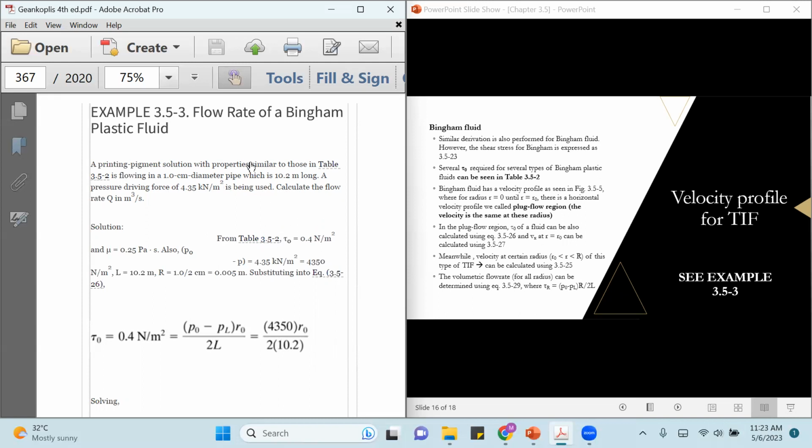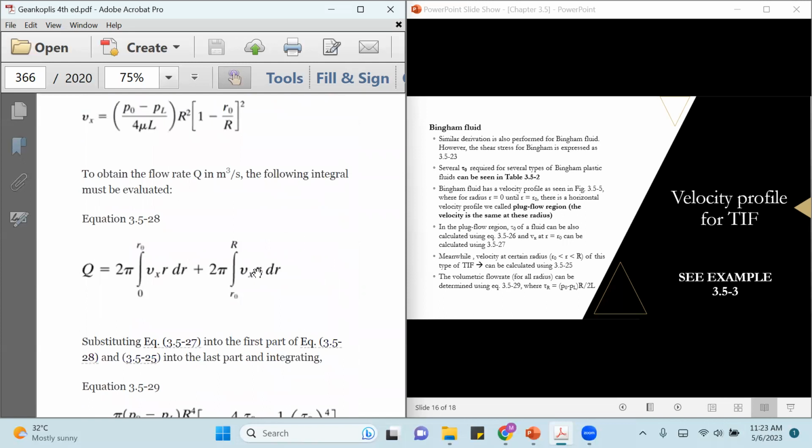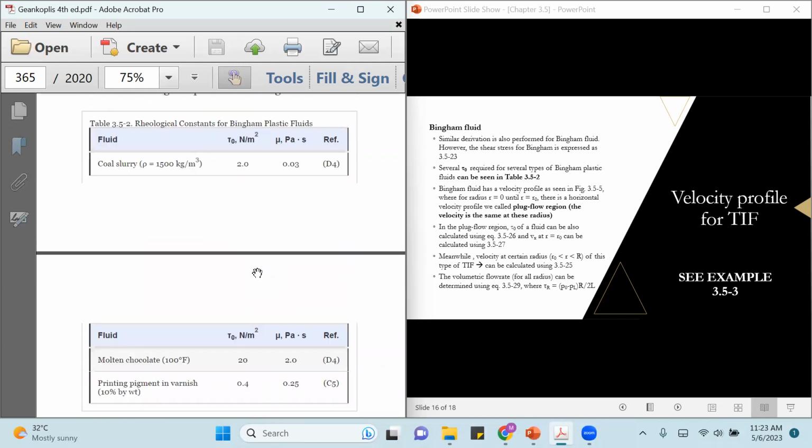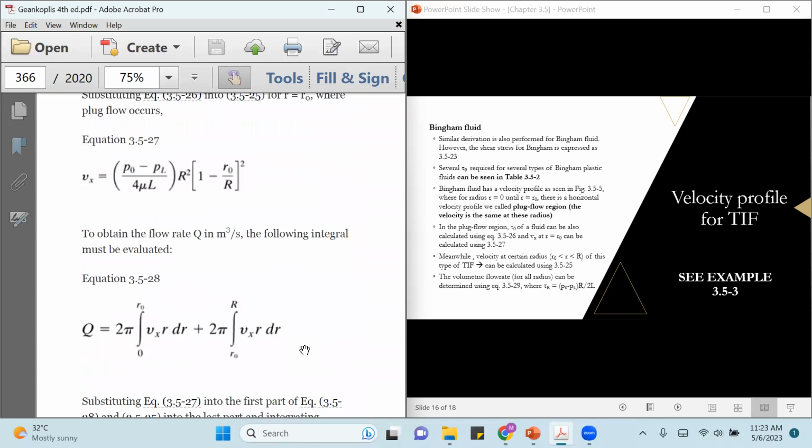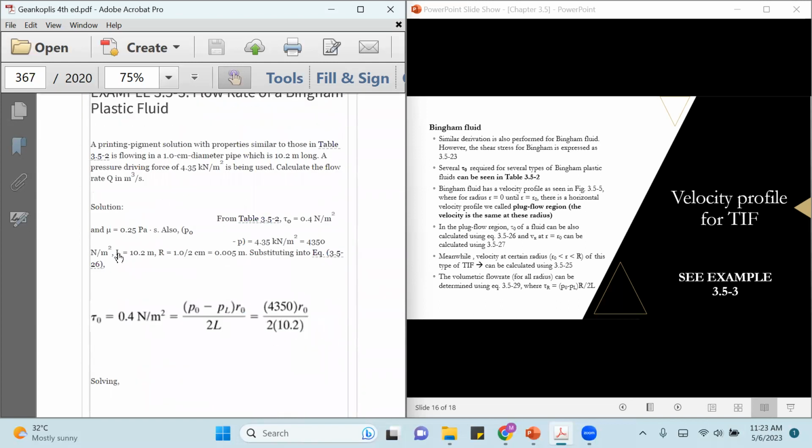Okay, so from table 3.5-2, I will go up again. Here, the printing pigment, right? So the tau 0 is 0.4, the mu is 0.25 Pa·s. So I will go down again. I put here 0.4 is tau 0, mu is 0.25. I put all the known variables here.